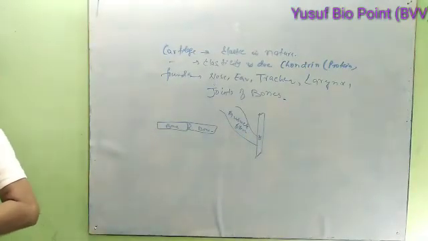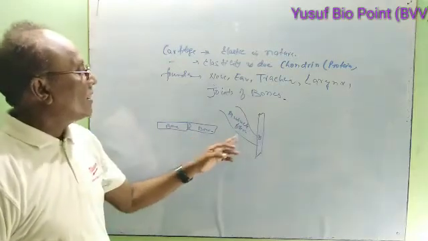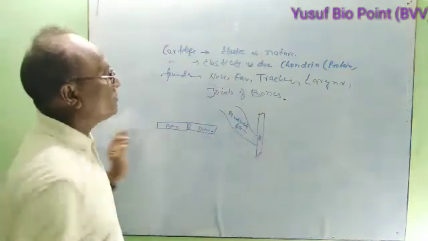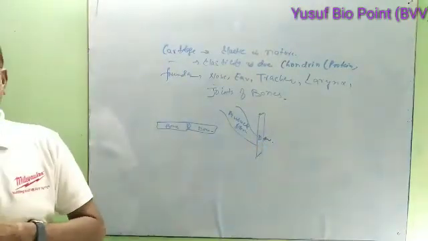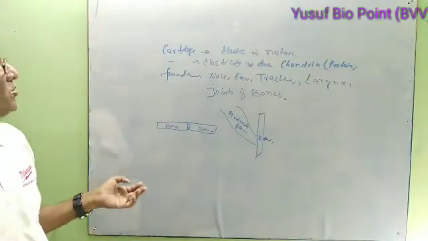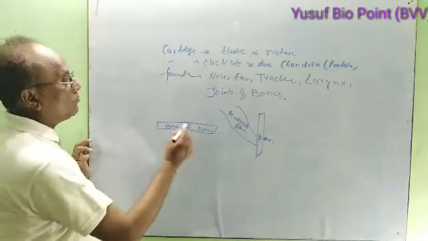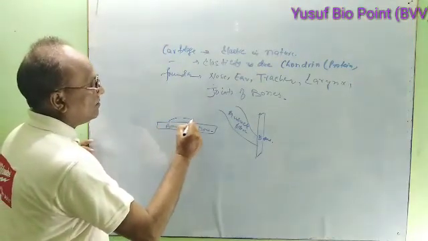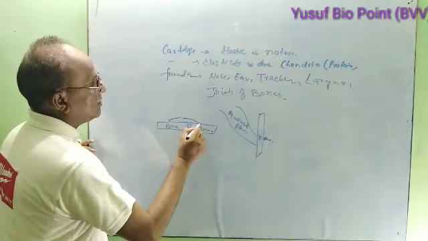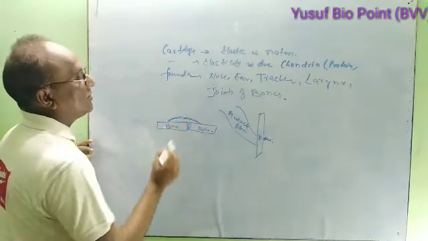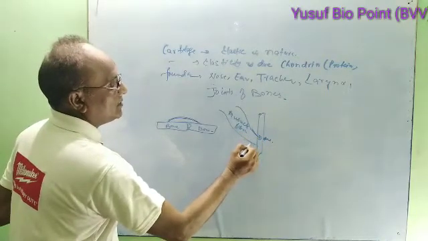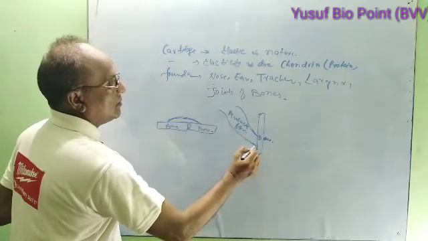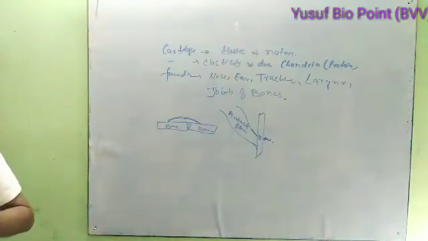So bone and bones and bone with muscle fiber, how they connect with each other. The bone and bone are also connected by a fiber, and these are also connected by a fiber. Means muscle connected to bones and bones are connected to bones.